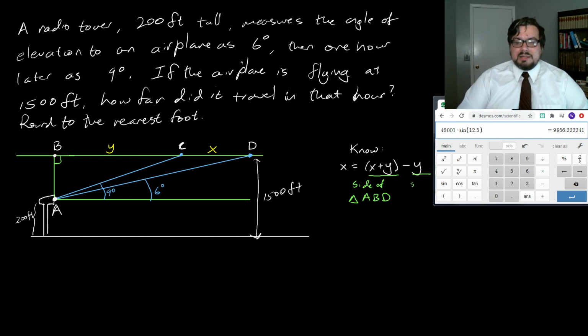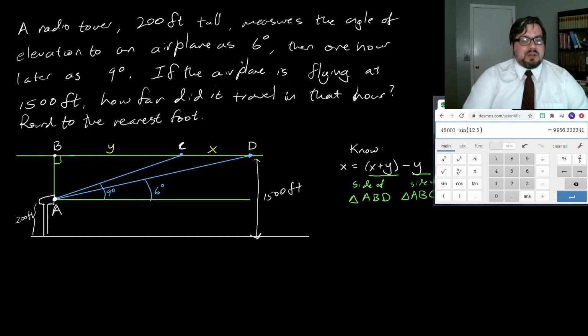Whereas y is a side of triangle ABC, which means that it also is the side of a right triangle, which means that there are things we can do with it. All right, so let's start looking at these two triangles, ABD and ABC, carefully. Because if we can figure out what x plus y is and what y is, then that'll tell us what x is.